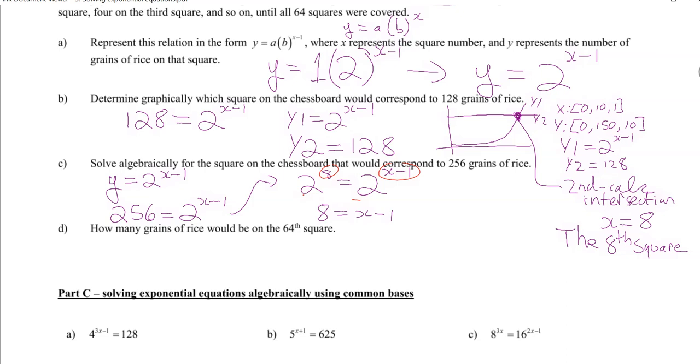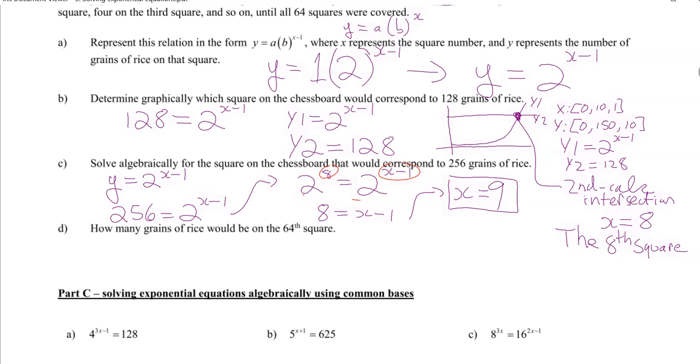So when you've got the same base, you can then equate the exponents. You can make them equal to each other. And then we solve that. So x is equal to how much? 9, right? We're going to add 1 to both sides. Okay, so that's an algebraic solution.